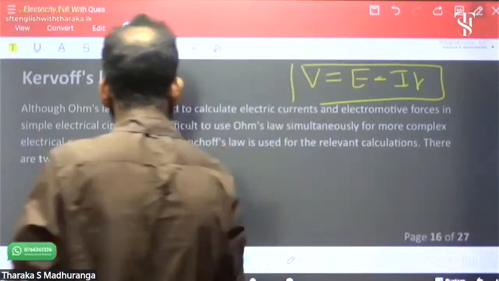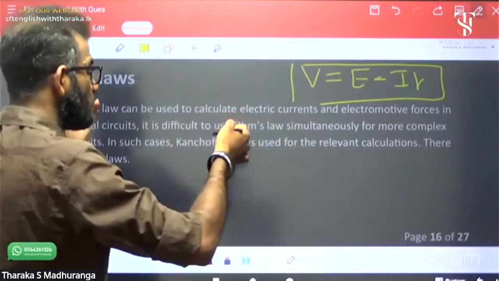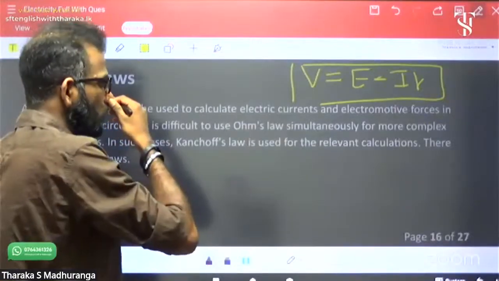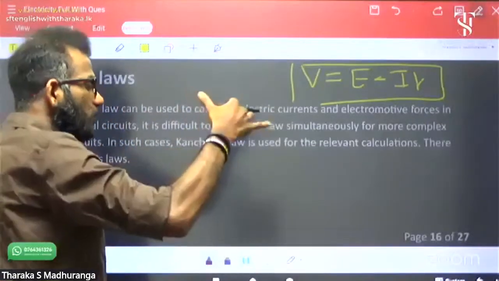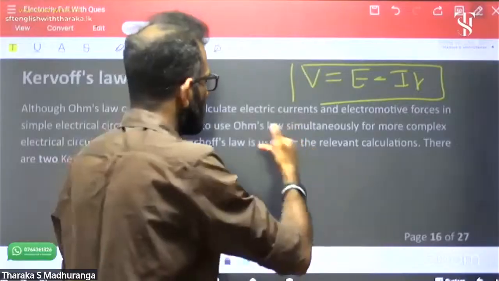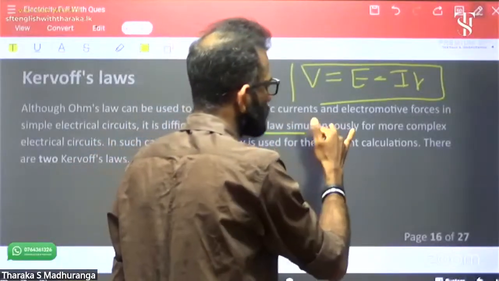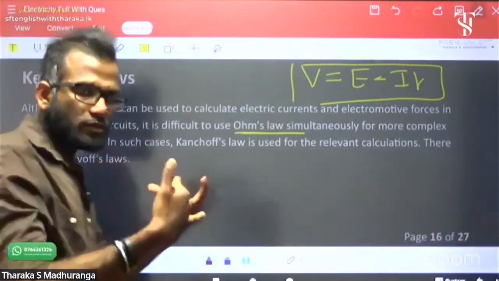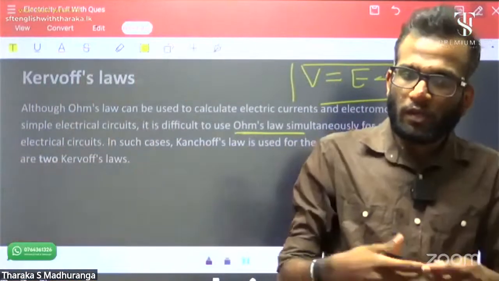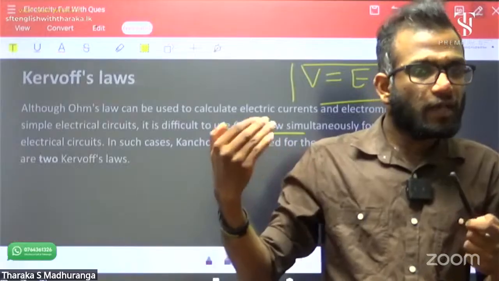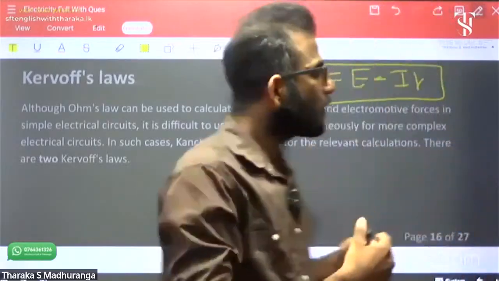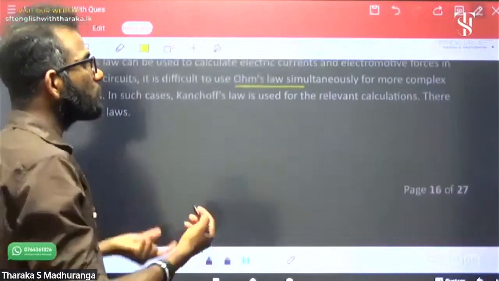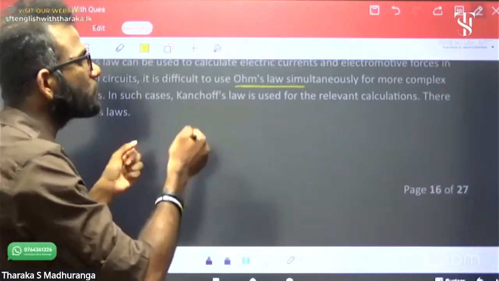But the problem is that when the circuit becomes complex, we can't use Ohm's law. For complex circuits, we can use Kirchhoff's laws, and we can find the current flowing through these circuits by using them.